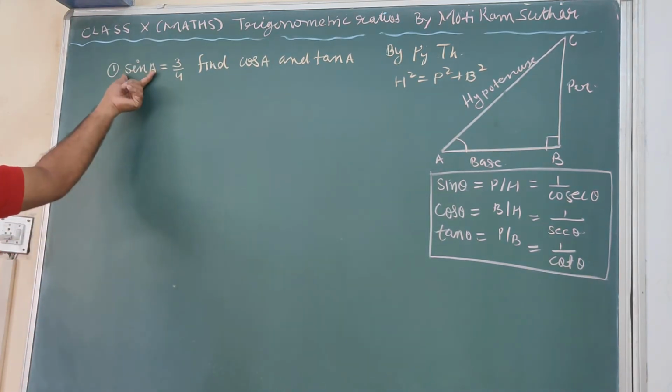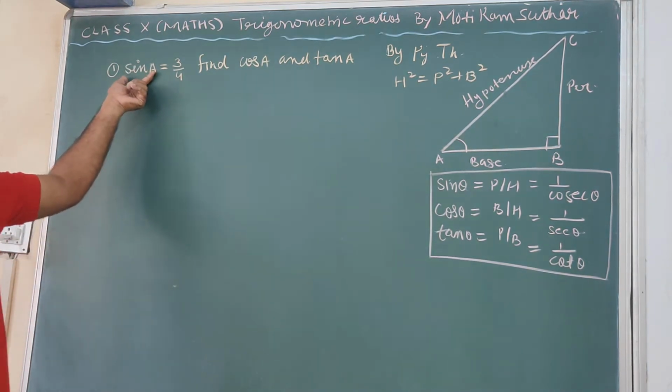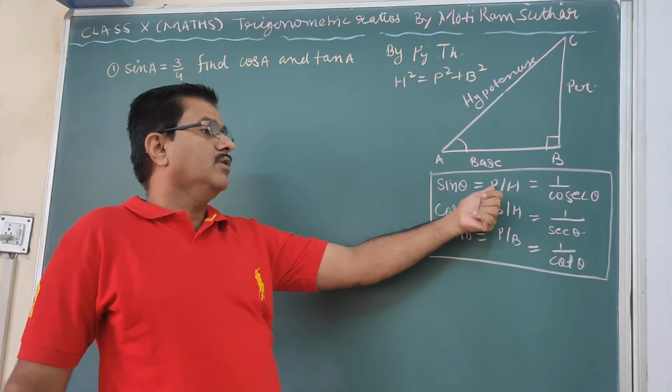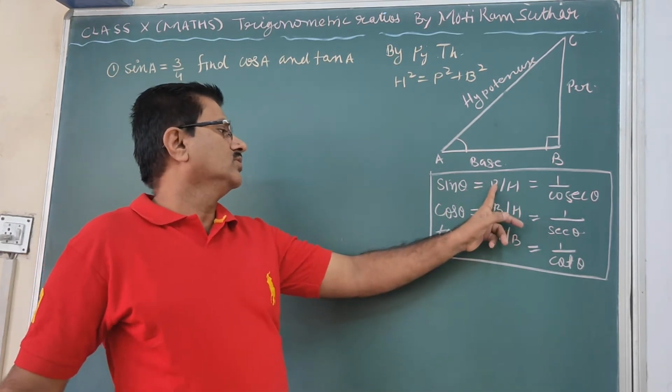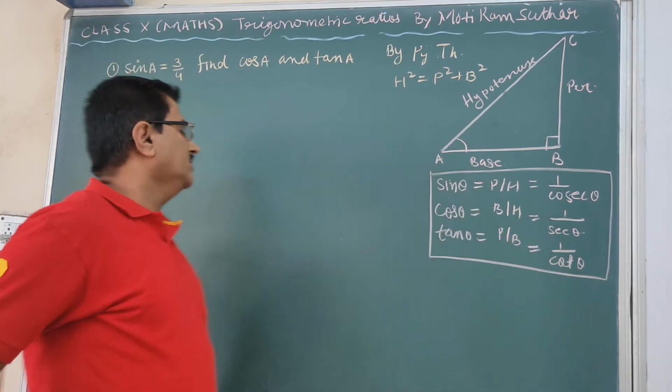So now we are given sin A. It means what we are given? The ratio of perpendicular and hypotenuse. So the ratio is given, then we can suppose the sides.